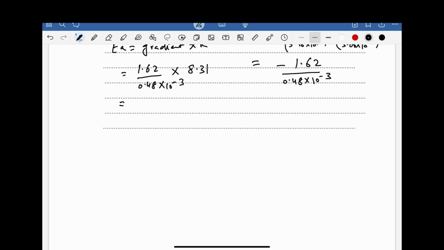If I solve this, that will give me 28046 joule per mole. If I convert that into kilojoules, I will divide by 1000. And if I round this to 2 SF, then I will have 28 kilojoule per mole as the answer.